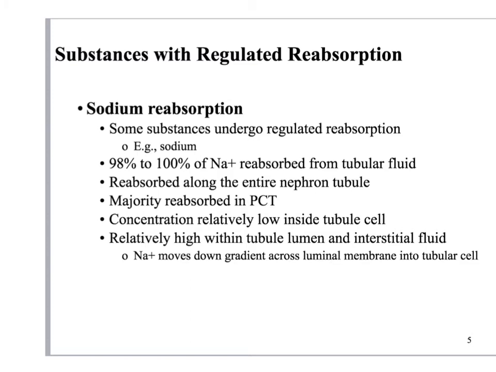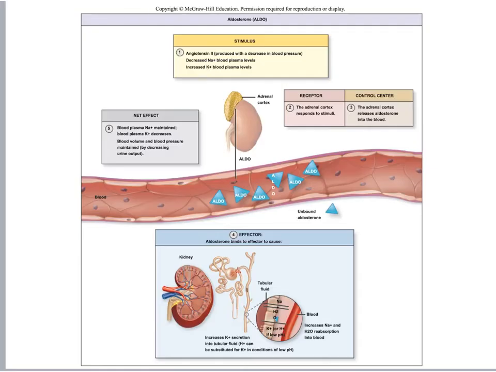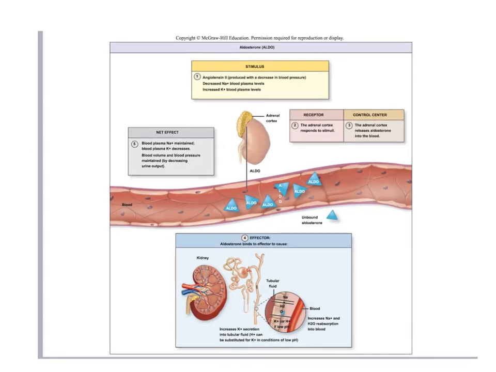It moves down its gradient across the luminal membrane into the tubular cell, and then a sodium-potassium pump will help pump it into the interstitial fluid. And this is actually regulated by a couple different hormones, including aldosterone and ADH.